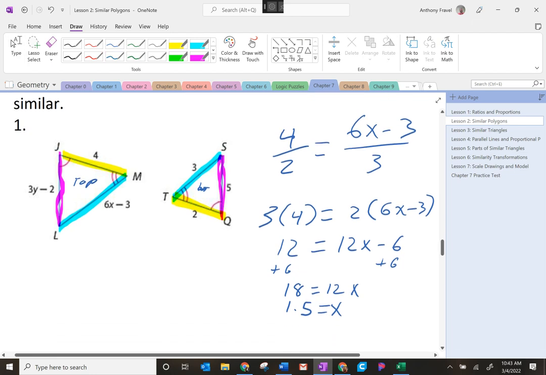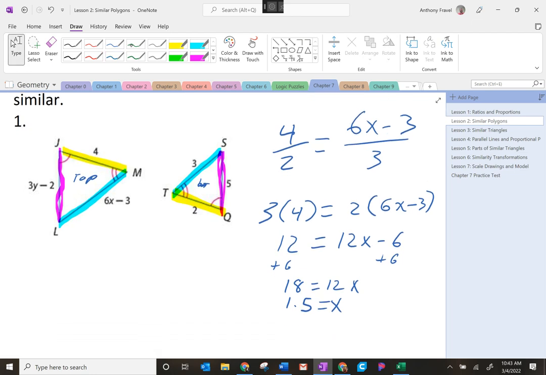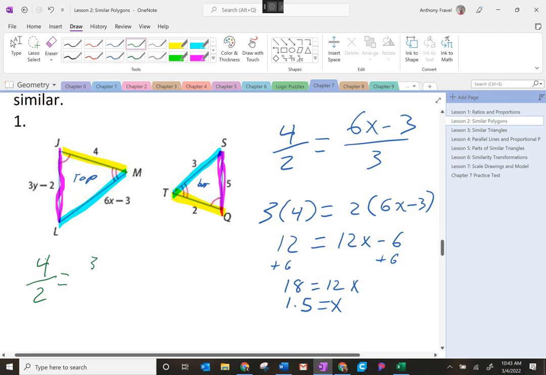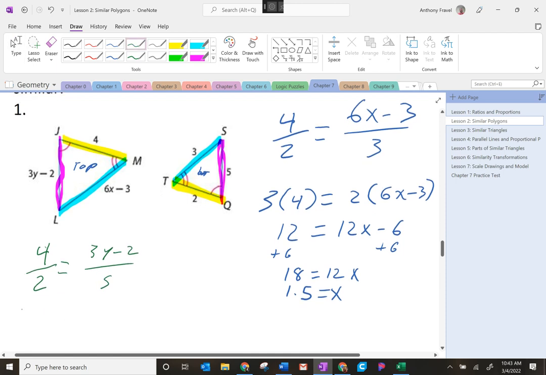I'm going to go quick on this next one because I'm about out of time. The other one, exact same thing. I'm still going to have that 4 over 2 because that's the same constant of proportionality. And then I'm going to have 3y minus 2 over 5. Cross multiply.